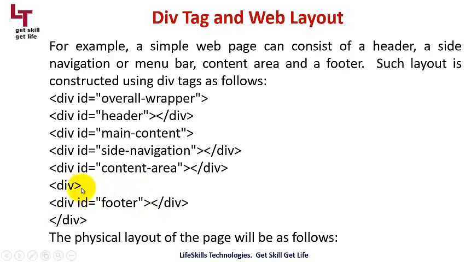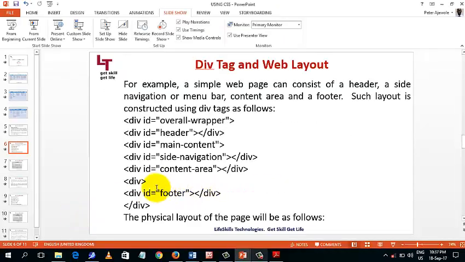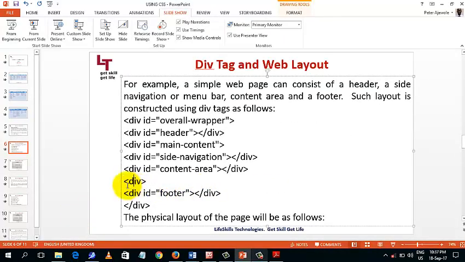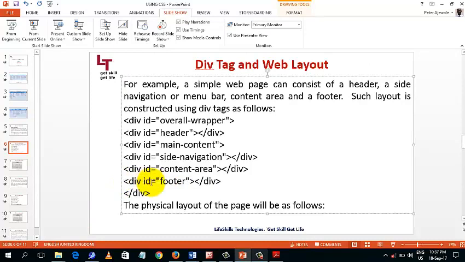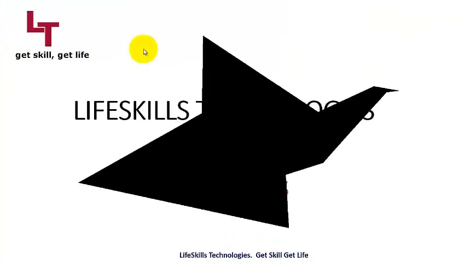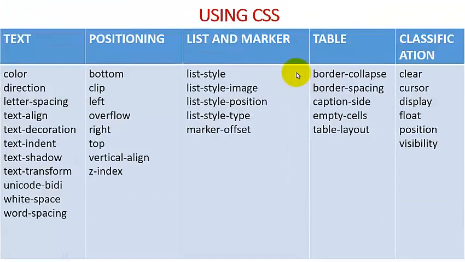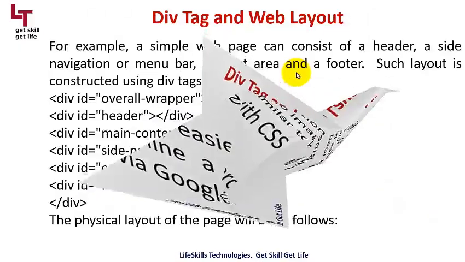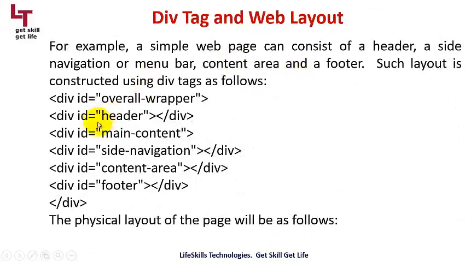Now you could discover that at the end of the day, the whole 5 divisions are wrapped inside. Sorry for that. Okay. Now, what I'm trying to say is this. Look at this overall wrapper.